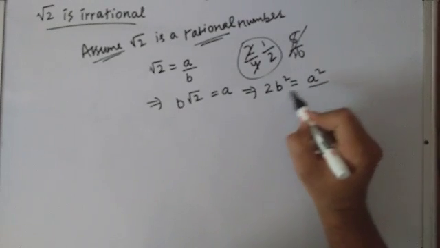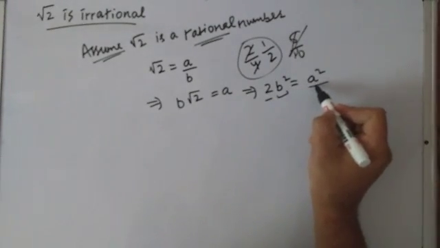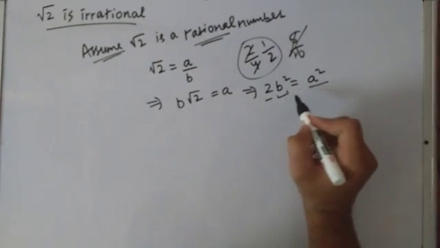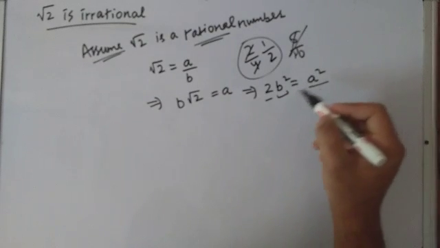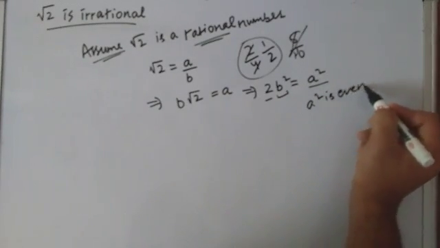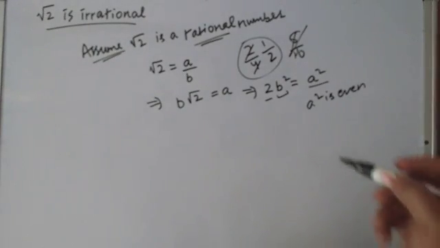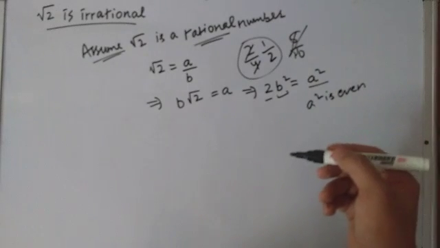Now a square equals 2 times something, so that means a square is an even number, alright, because it equals 2 into something. So a square is even, and there is a theorem which states that if a square of any number is even, then it is an even number.